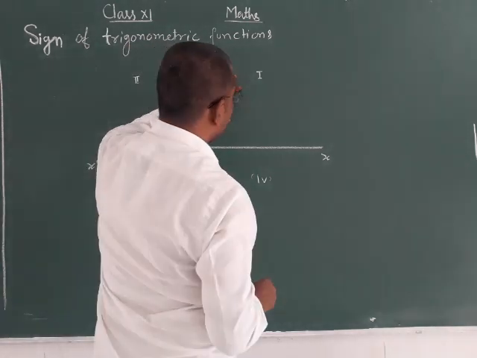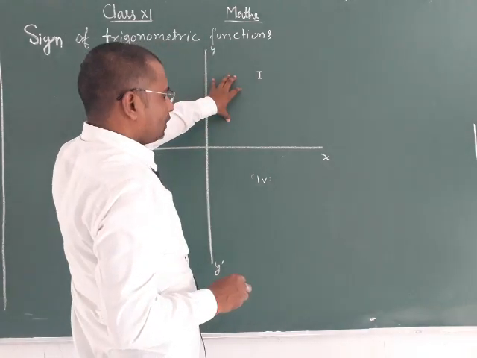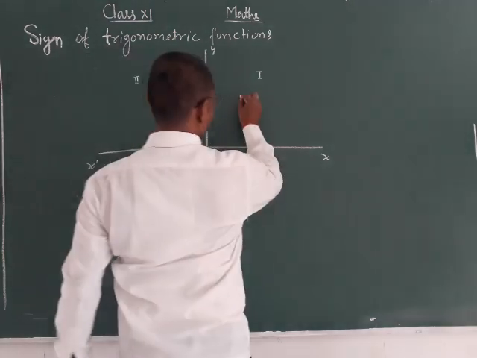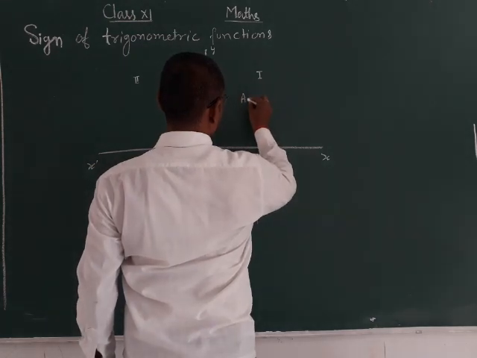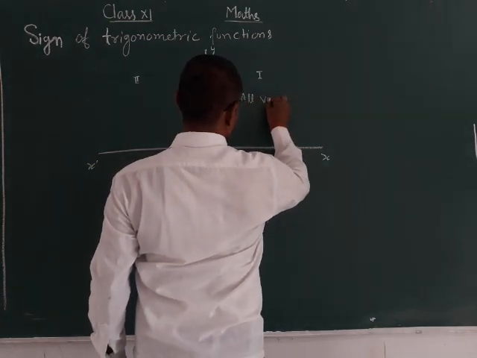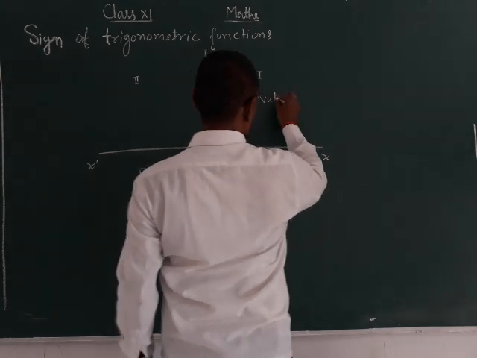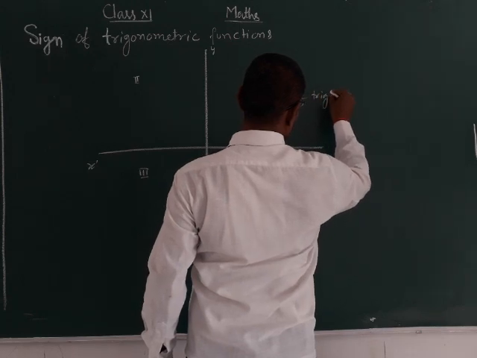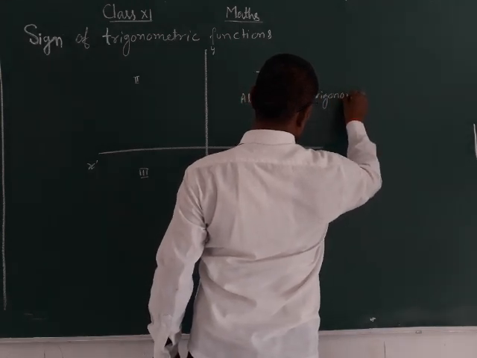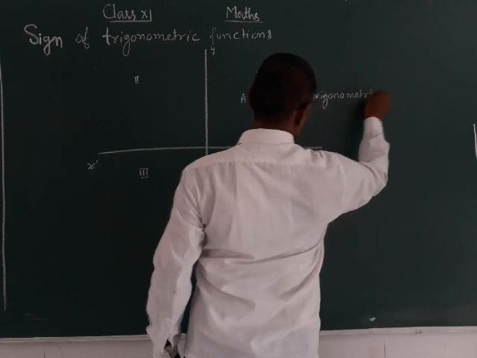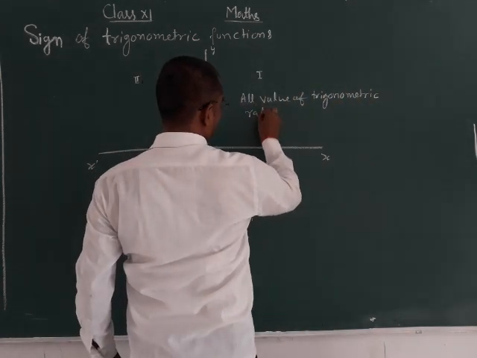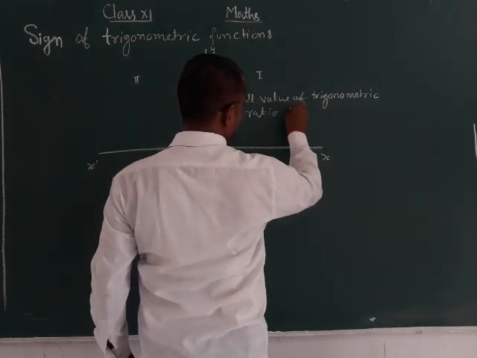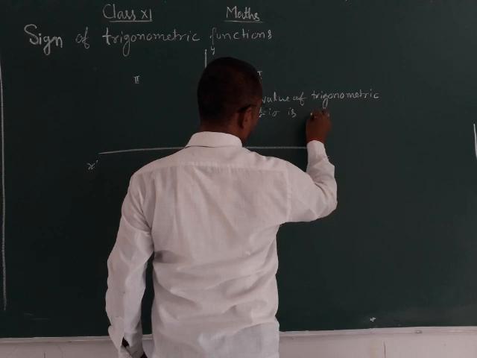First quadrant, sine: all values are positive. All values of the trigonometric ratios are positive.